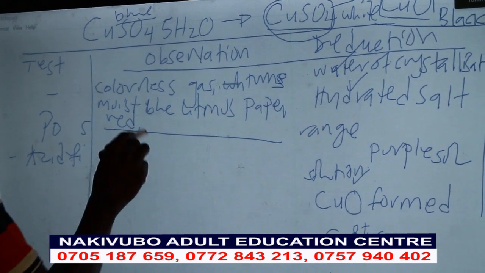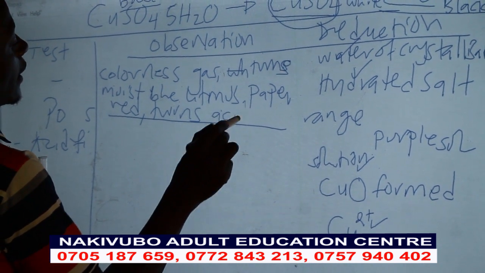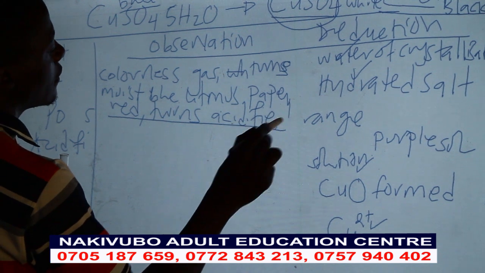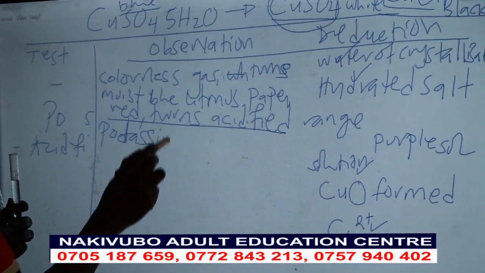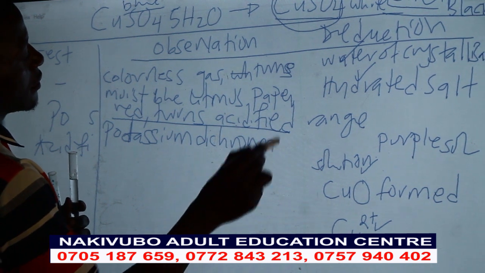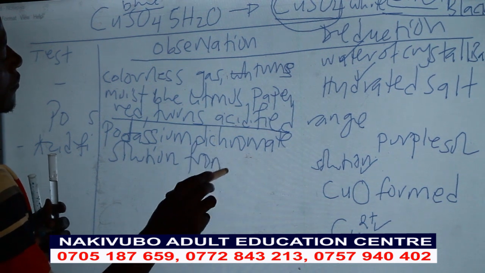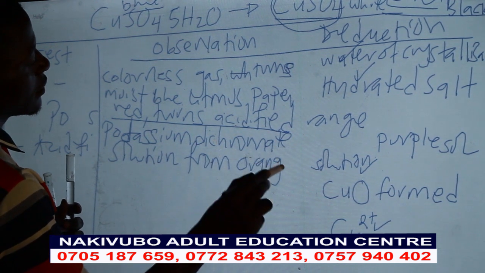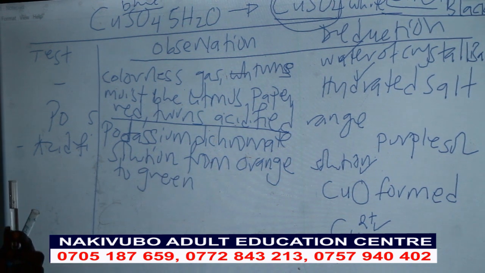Then I say turns acidified potassium dichromate solution from orange to green. Or someone can use the potassium permanganate and say from purple solution to colorless.